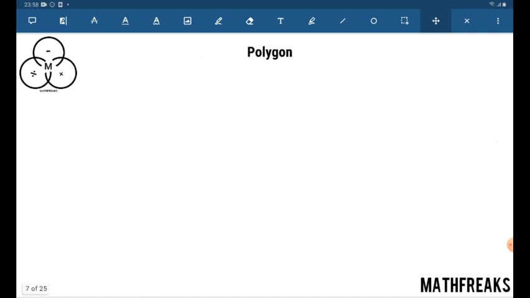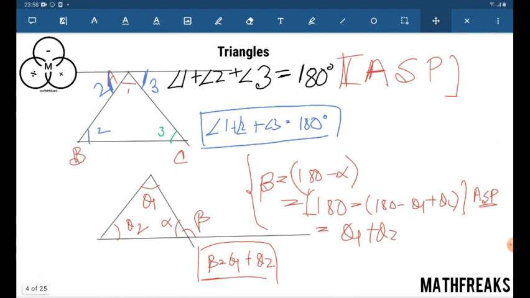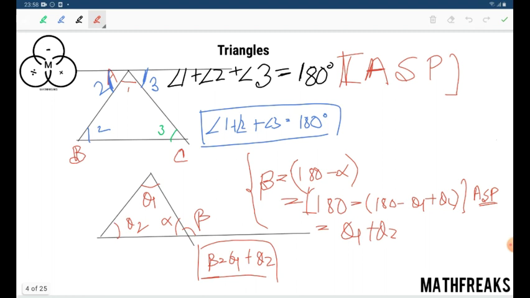Now comes polygon. We are interested in the angles of a polygon. Another important thing: what about the exterior angle?